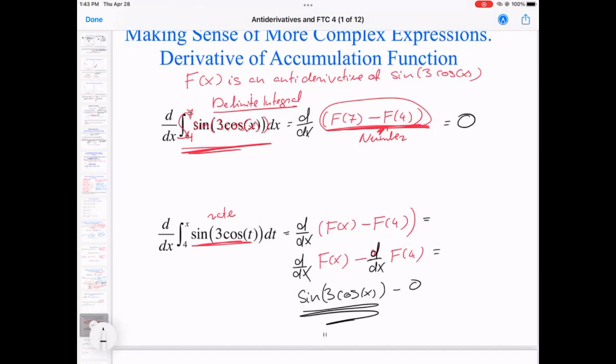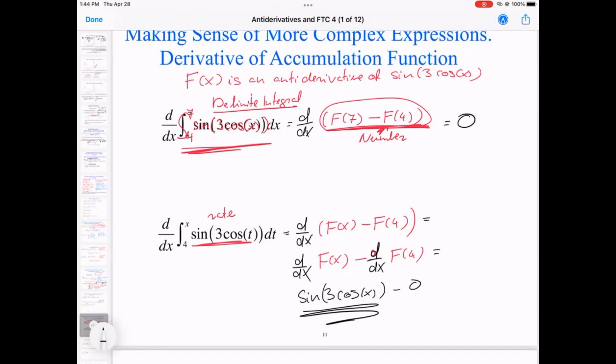When you take the derivative of that, you're going to get 0, right? And this one is the same as I said before, just based on the fundamental theorem of calculus, the integral from 4 till x is the accumulation function due to this rate function, which is an antiderivative of this function here, right? So if you take the derivative of it, then you just get 3 cosine x, right?